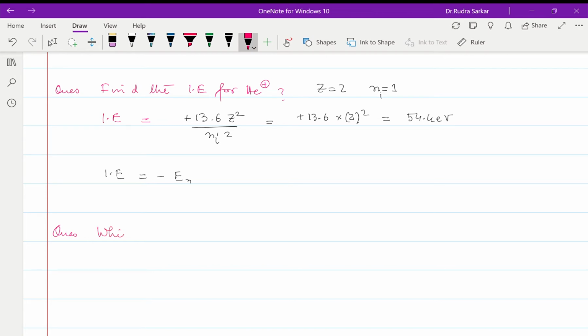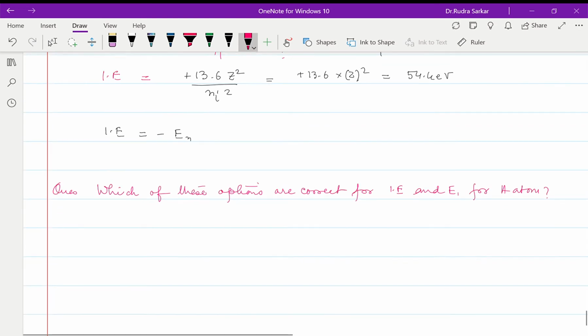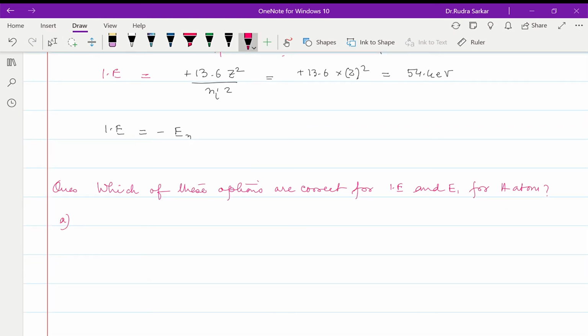Which of these options are correct for IE and E1 for H atom? Okay, and the options were: A, 13.6, 13.6 eV.